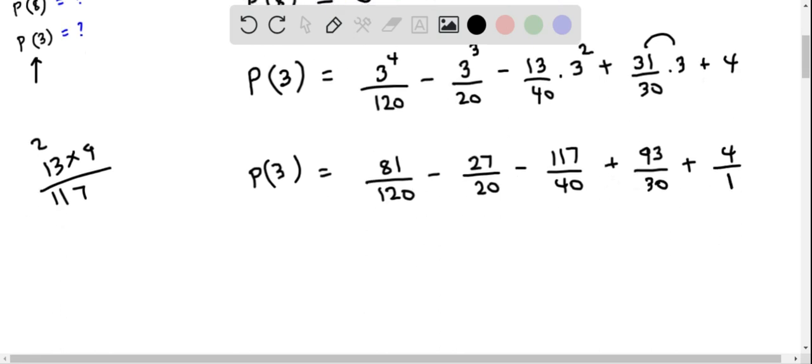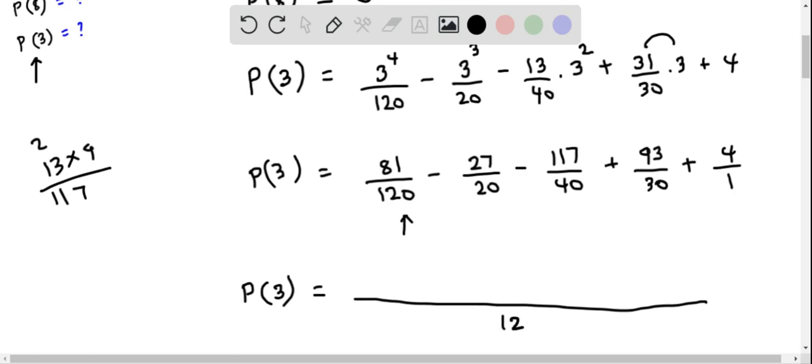And now we see that the least common denominator of these fractions is basically 120. So let's simplify this fraction. I'm going to put this least common denominator, all over 120. Since in the first fraction we already have the denominator 120, we don't have to multiply this 81.